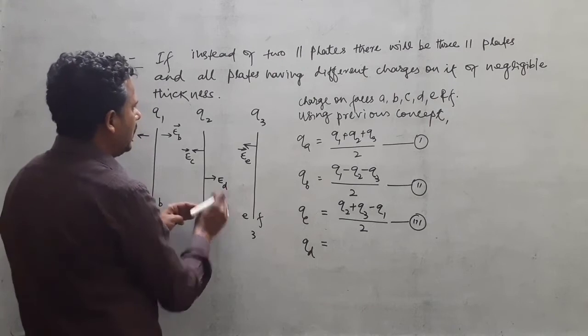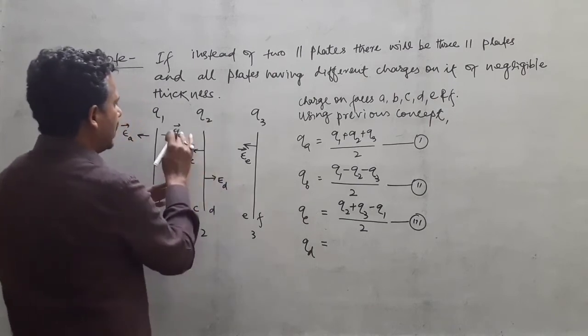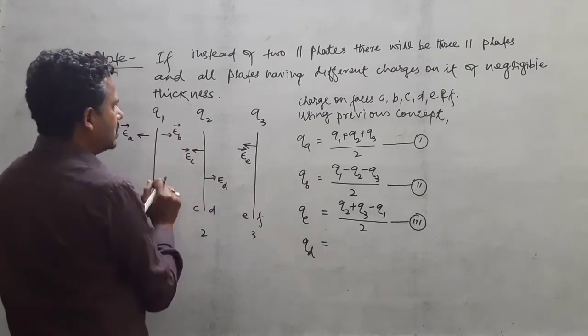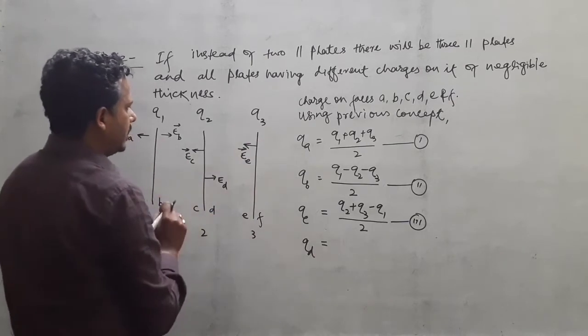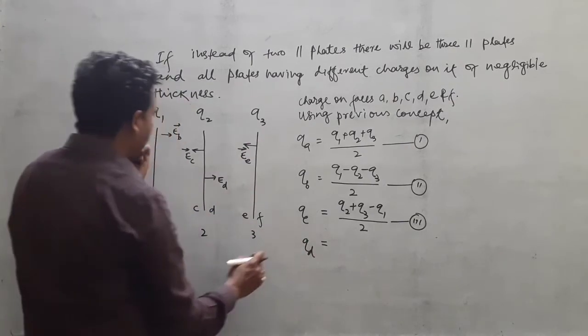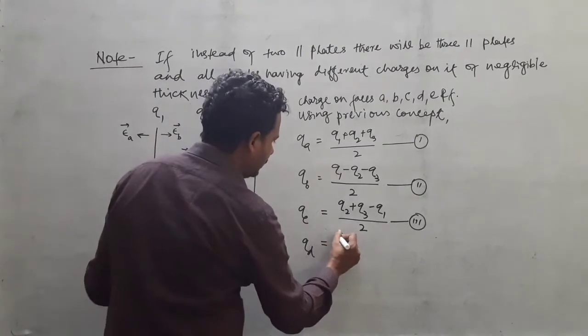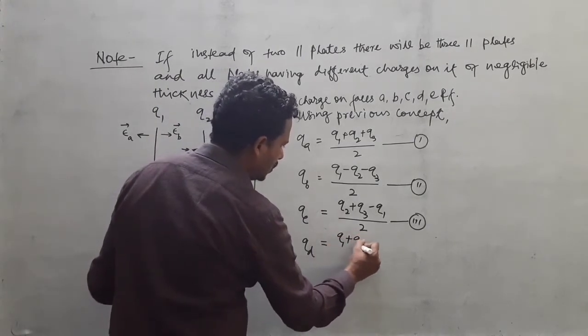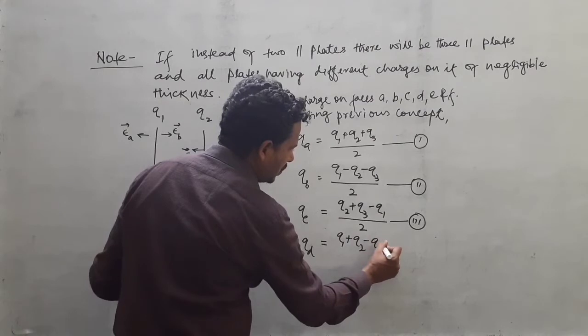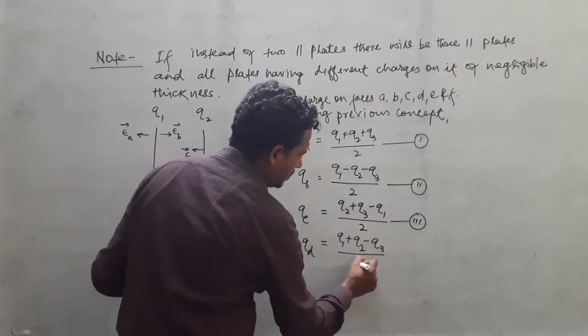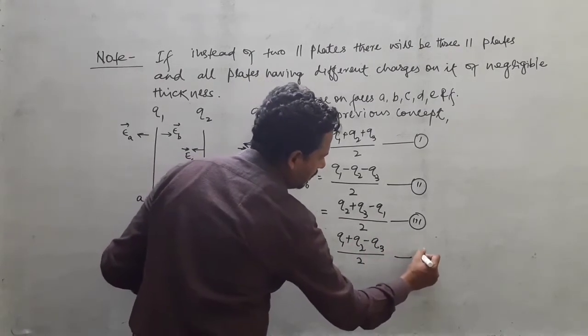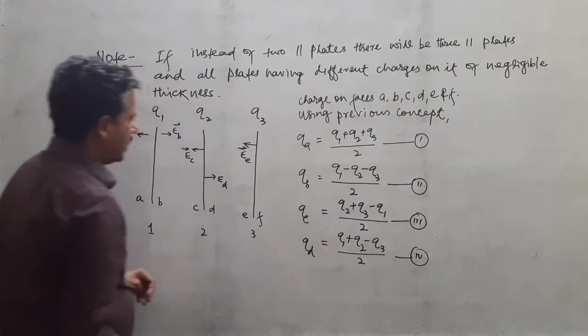So see, Q2 will be positive, Q1 will be positive, but Q3 will be negative. Therefore, your QD will be Q1 plus Q2 minus Q3 divided by 2. Equation 4.